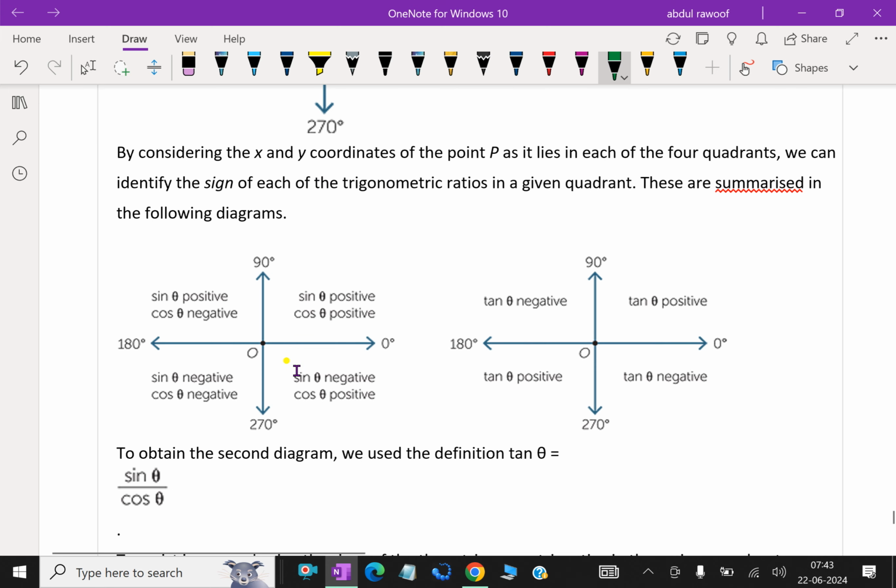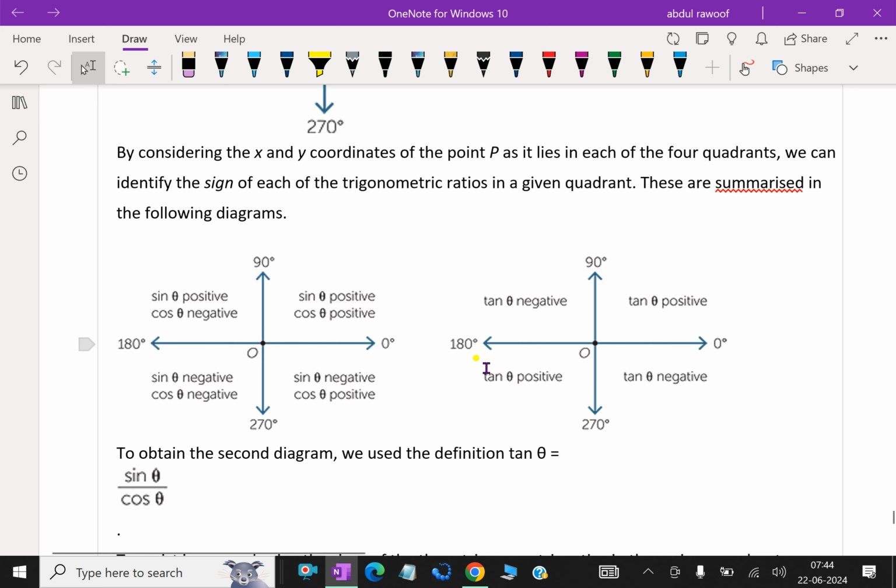In the first quadrant all are positive, sine and cos are positive. In the second quadrant sine is positive and cos is negative. In the third quadrant sine is negative and cos is negative. You have to remember this. And the reciprocals of these follow the same signs; tan is positive in the third quadrant.